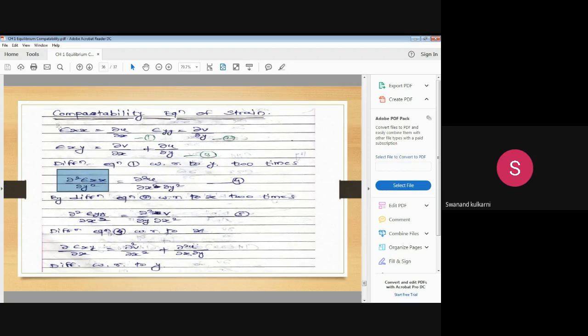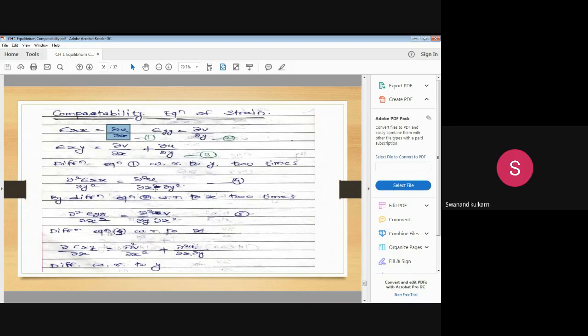So understand what steps are followed here. Epsilon xx is equal to dou u by dou x. It is the simple equation which is differentiated with respect to y 2 times. After differentiating 2 times, we get dou 2 epsilon xx upon dou y2, and the right-hand part is also differentiated with respect to y 2 times.